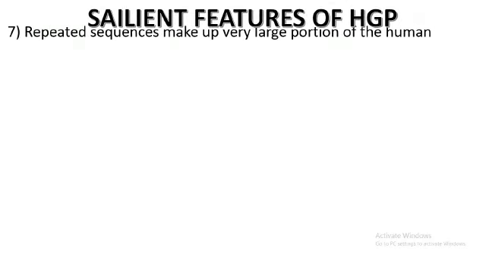Yes, students. Now we'll continue with the next salient feature of HGP, that is the seventh one. Repeated sequences make up a very large portion of the human genome. Yes, I told you in generation of physical and genetic maps, that the map is made by joining DNA sequences in two ways.